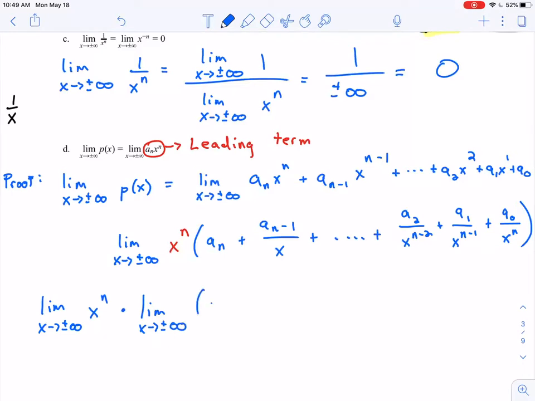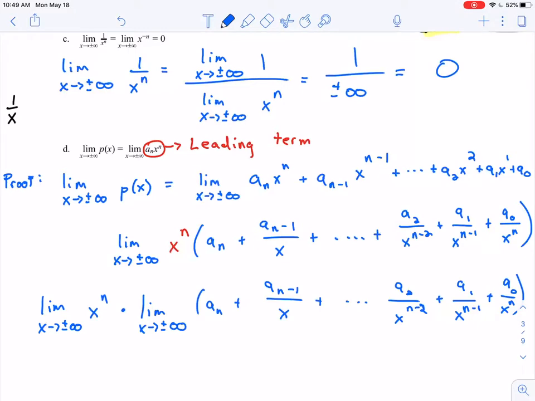So here I've got a sub n plus a sub n minus 1 all over x plus and so on. I probably should write out the rest here, because the next step's really cool: a sub 2 over x to the n minus 2, plus a sub 1 over x to the n minus 1, plus a naught all over x to the nth. Okay, so this is very, very cool.